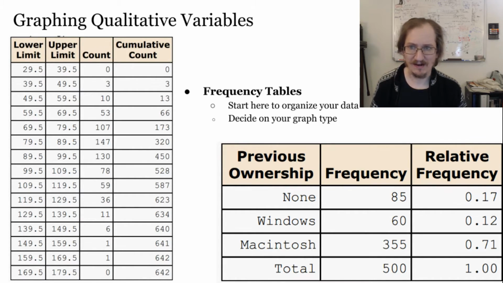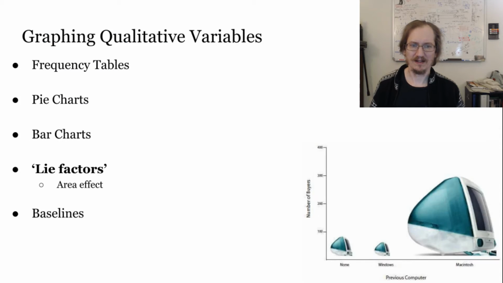So there's your bin areas, and then you can count the number of data elements that are going to fall into that bin range, and then you can accumulate. You can create a cumulative count if you want to accumulate the bin values over time. It really depends on the kind of information that you want to show. You start with the frequency table and then decide what kind of graph you want by the information that you've collected.